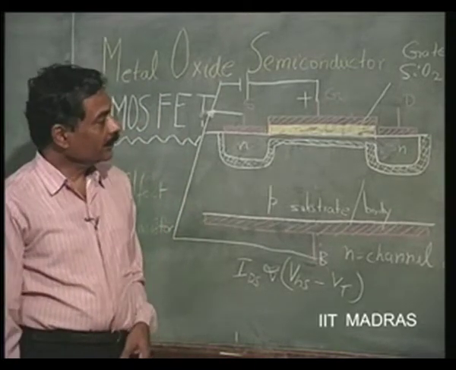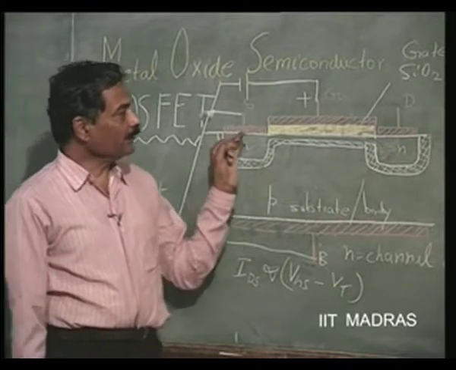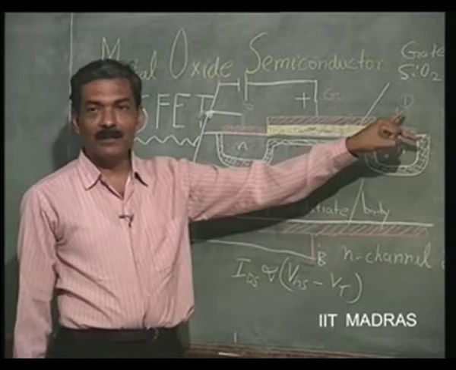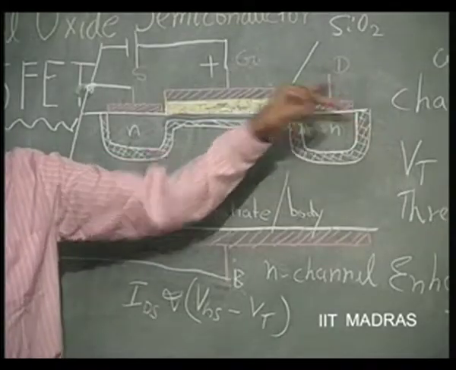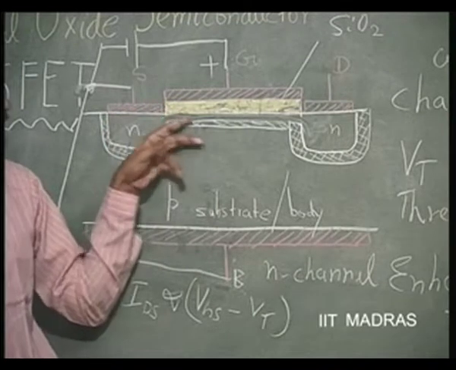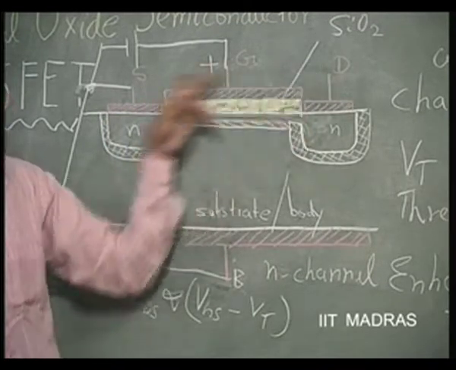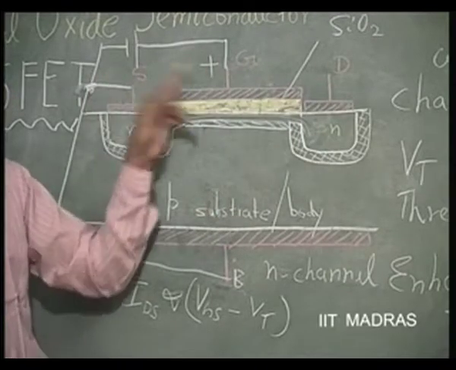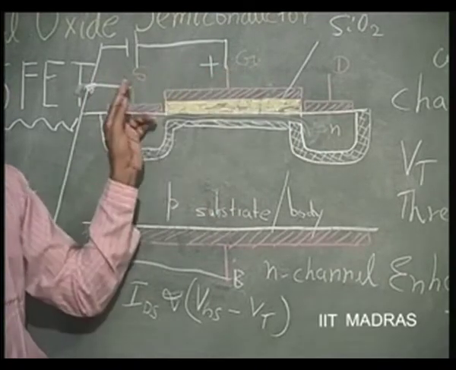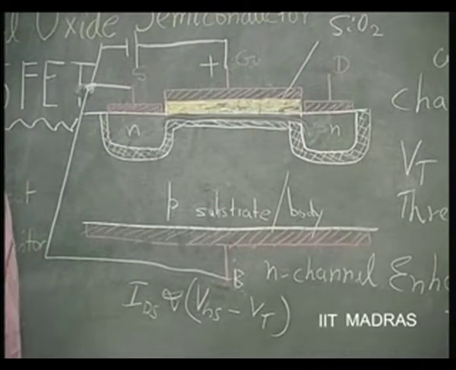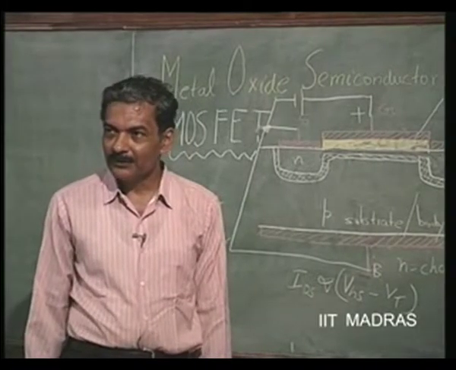Now, look at it this way. Once the current starts flowing in the circuit, why will the current flow? Because the potential of D is different from potential of S. So far we have assumed that VDS was 0. If this potential also is different, then VGS is different from VGD, if VDS is not equal to 0.